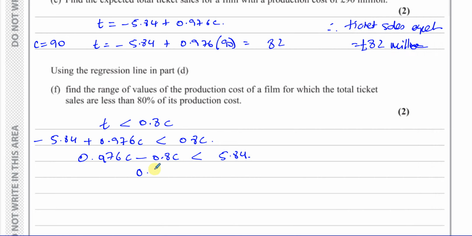So 0.176C is less than 5.84. Therefore, C is less than 5.84 over 0.176.